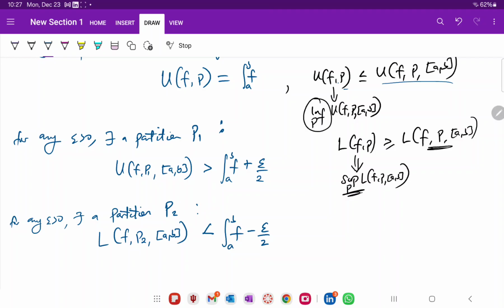So having these conditions, we can now go ahead and prove that the difference between the upper Riemann sum and the lower Riemann sum is less than epsilon.